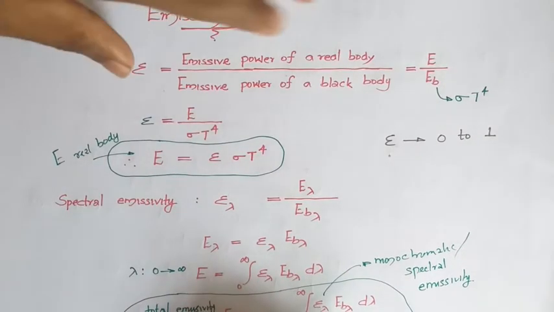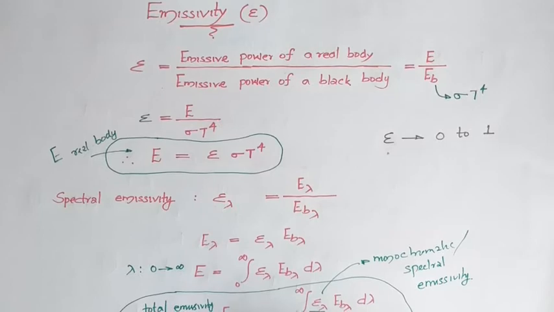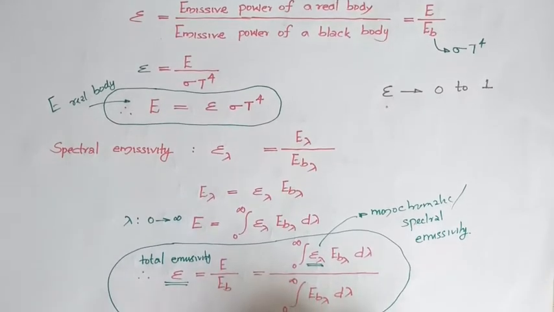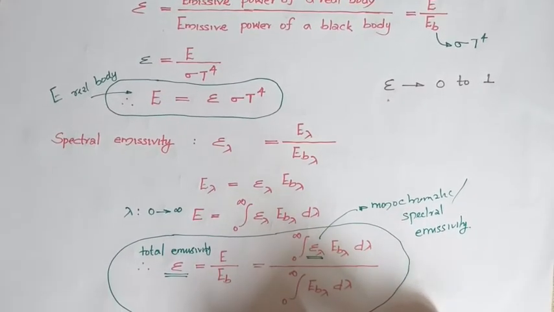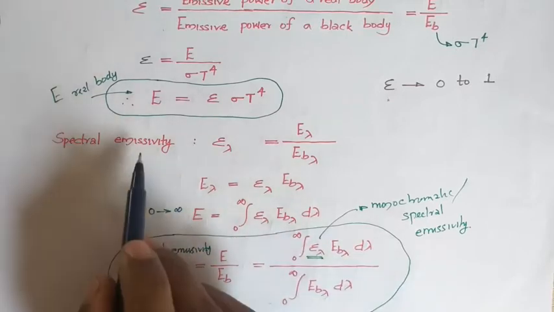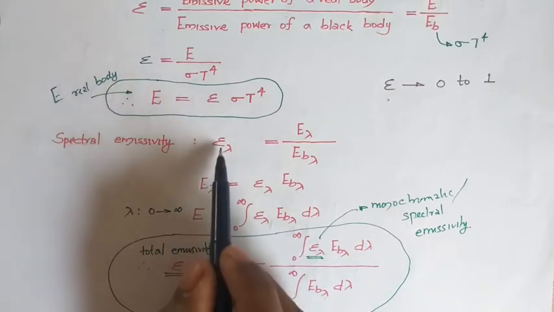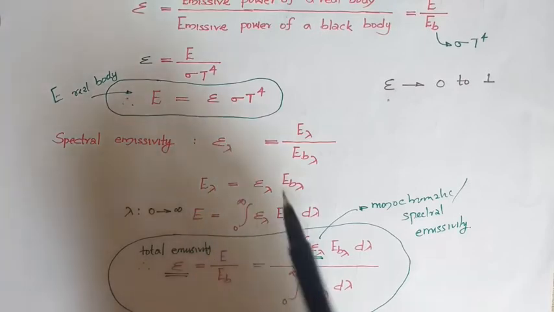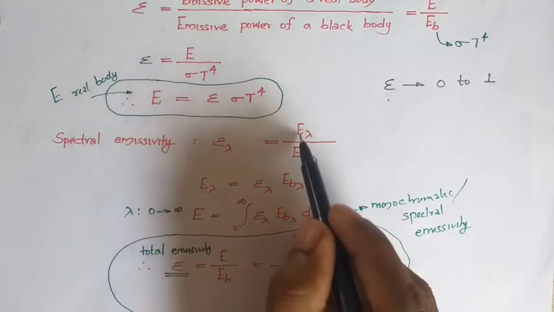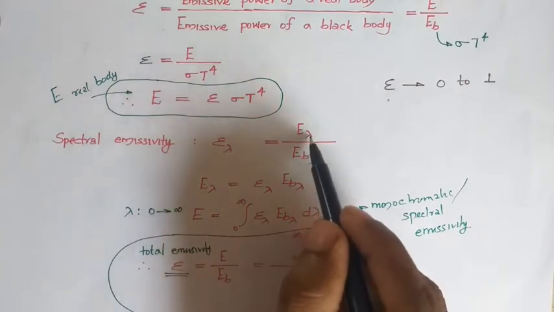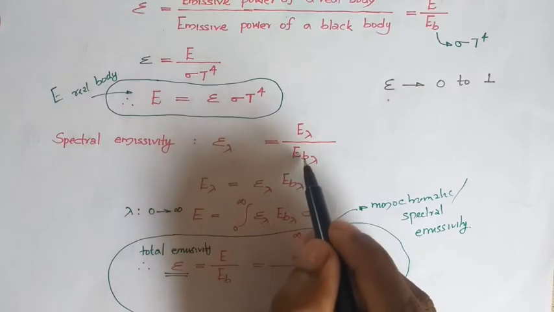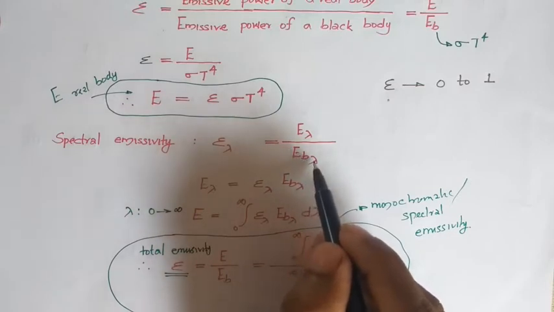And here you can define this emissivity property for a particular wavelength also, which will be known as spectral emissivity or monochromatic emissivity, denoted by epsilon lambda, which is equal to the emissive power of a real body for a particular wavelength to the emissive power of a black body for that same wavelength.